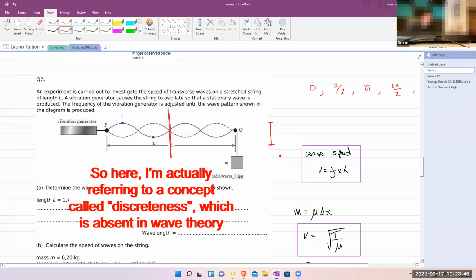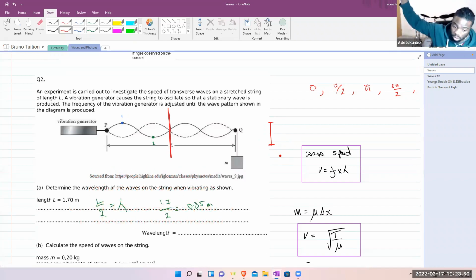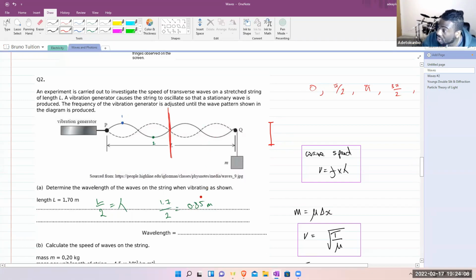It doesn't have to be 1, 2, 3, and then 4 may be the amplitude. It could be 1.1, 2.5, 0.333 recurring, 0.00014 times 10 to the minus 6. It could be any value between 0 and 4 that these particles can take.